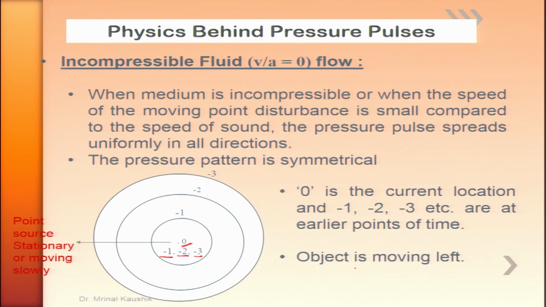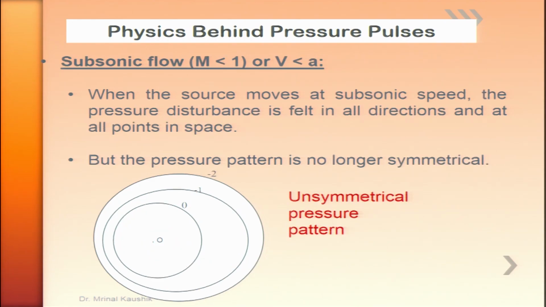Now, when the source is stationary, clearly from common sense we can say that these spherical waves are symmetrical in nature. Whereas, suppose the object starts moving towards the left.